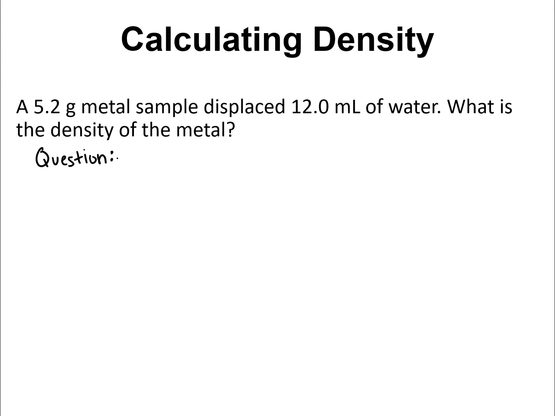I always start by rephrasing the question. What we need to figure out is the density. So that means for our units, we're going to have some number and then grams per centimeter cubed, because we're talking about a metal sample, which is a solid.